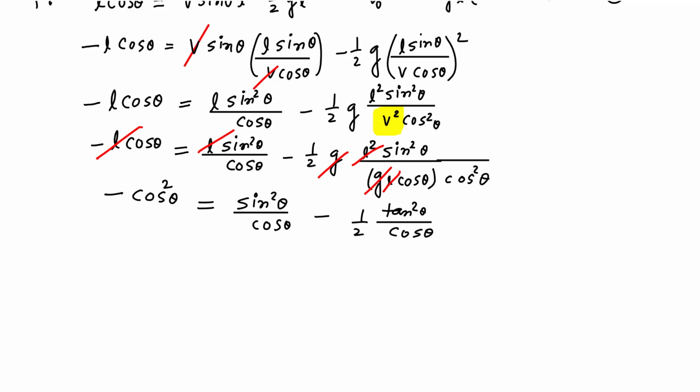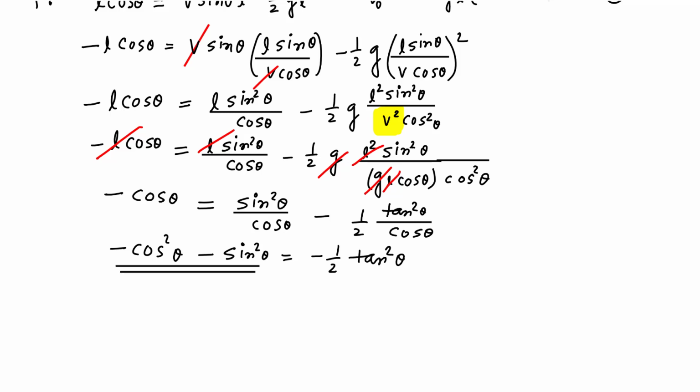So this was basically cos theta. If you multiply by this cos theta, this becomes minus cos square theta, and let's take this sin square theta to this side. So we'll have minus sin square theta is equal to minus half tan square theta, and sin square theta plus cos square theta equals 1.